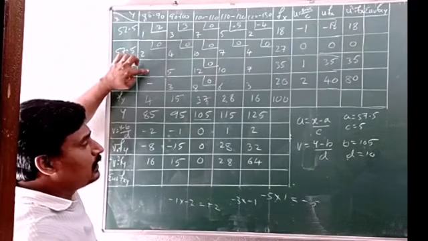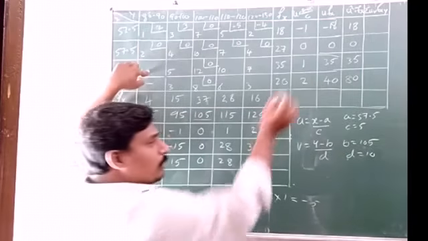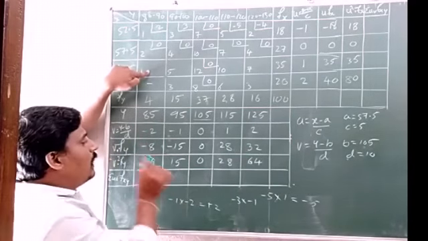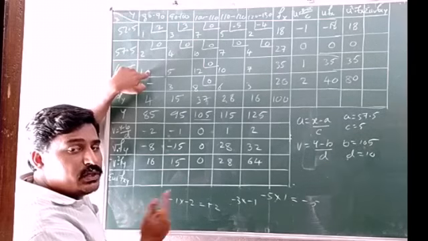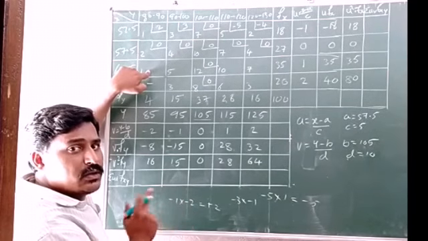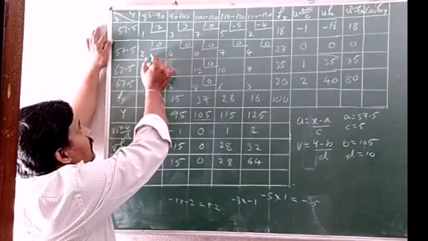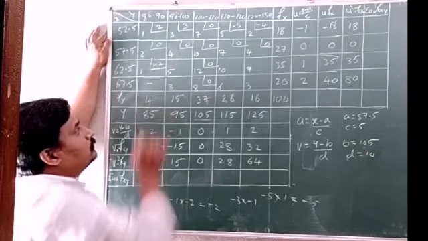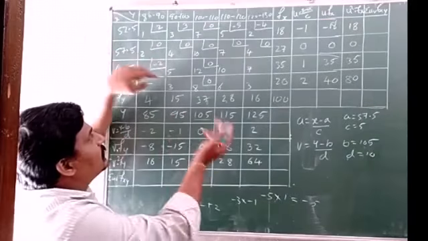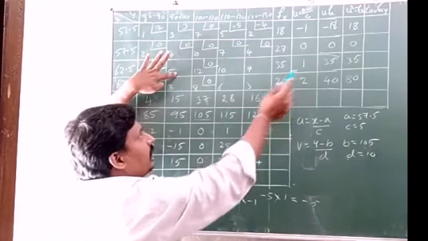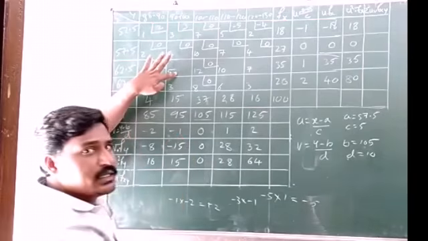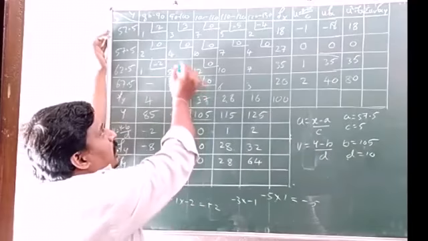1. 1 into 1, 1 only. Again 1 into minus 2. Plus 1 into minus 2: plus into minus is minus, 1 into 2, 2. So we get here minus 2. Move to next frequency, 5. 5 into 1, 5. 5 into minus 1 is minus 5.